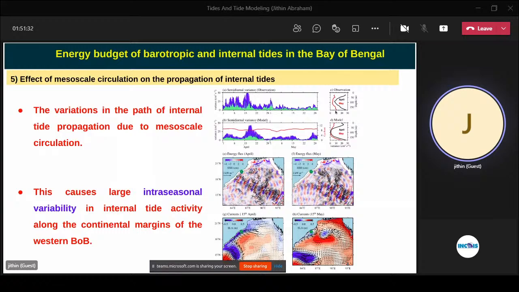It means that it can contain both the barotropic component as well as the internal tide component in currents. So you should be cautious about whether the tidal currents are associated with internal tides or the astronomically forced barotropic tides.